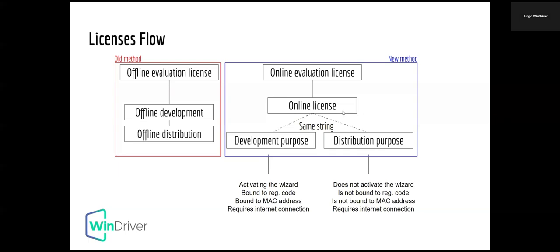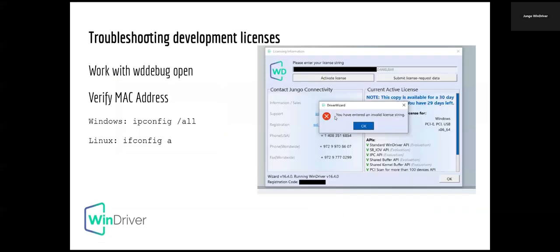Now let's talk about what can go wrong. If we enter the license to the wizard and we get this error, you have entered an invalid license string, we need to check a few things. So the first thing I would recommend is working with the WD debug open.